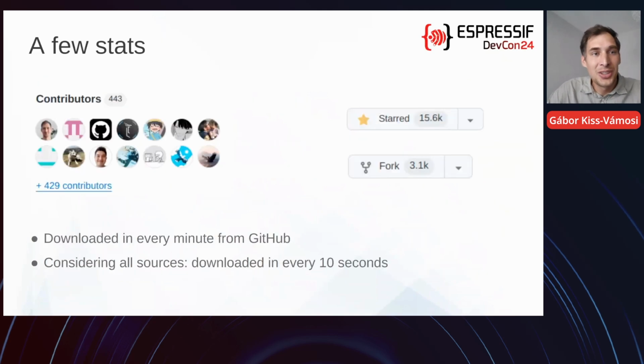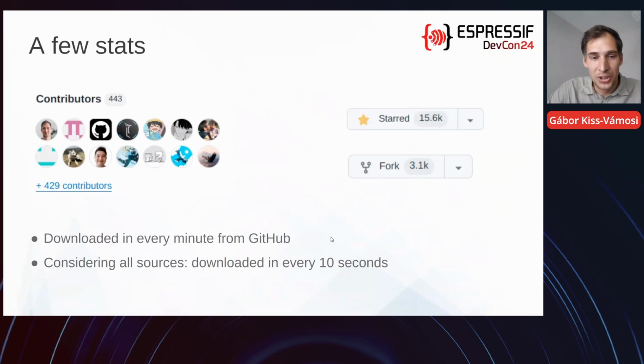On this slide, you can see some interesting stats about LVGL. The first thing that you can see here is how many contributors we already have. It's more than 400. It means that more than 400 people helped to make LVGL better by fixing issues, reporting bugs, or implementing smaller or larger features. We also have more than 15,000 stars and more than 3,000 forks.